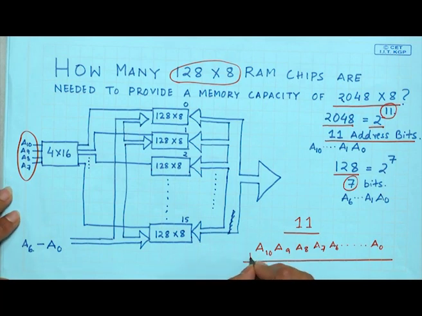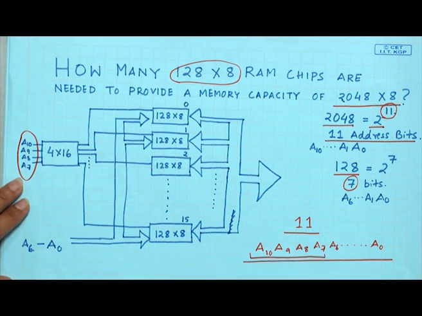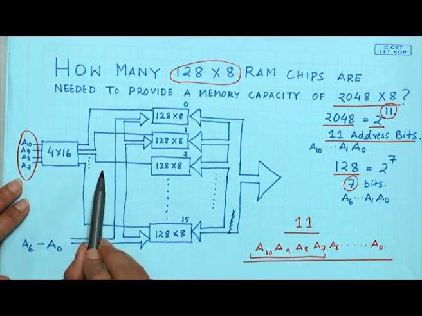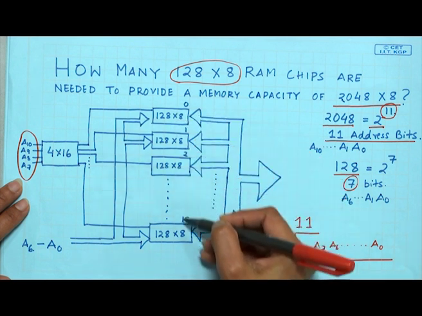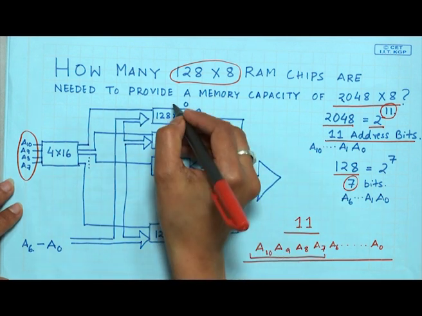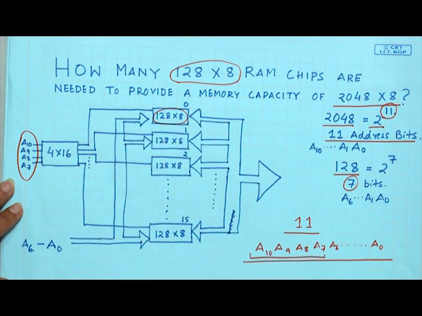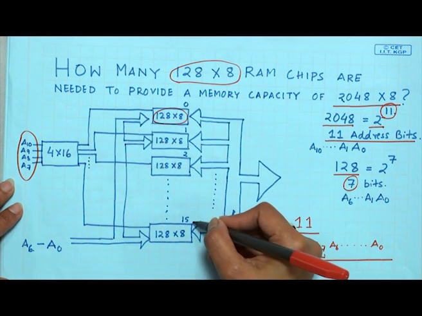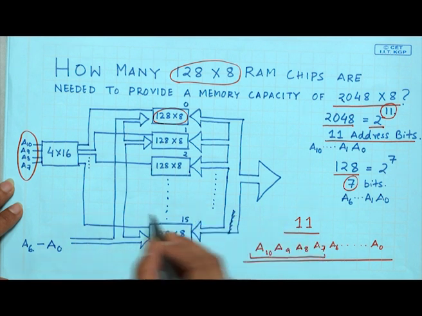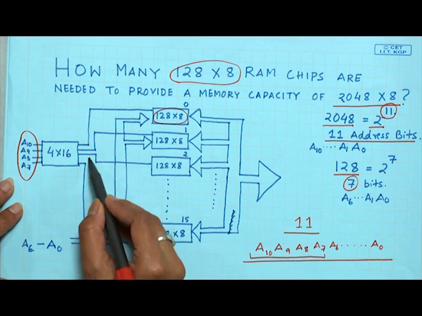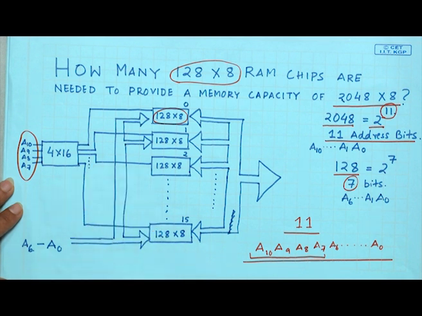The high order 4 bits, A10 to A7, will be connected to this 4 cross 16 decoder, which will select one of the 16 chips available. So, we have a total of 16 chips of 128 cross 8, numbered 0 to 15. The output of the decoder is connected to all these chips.